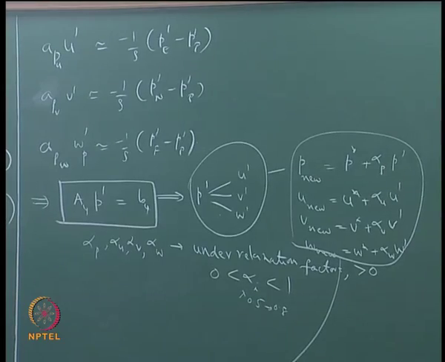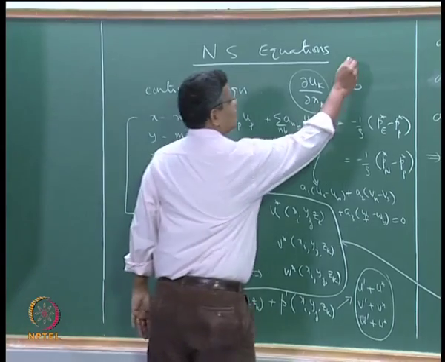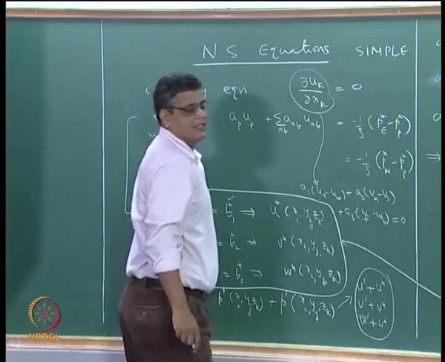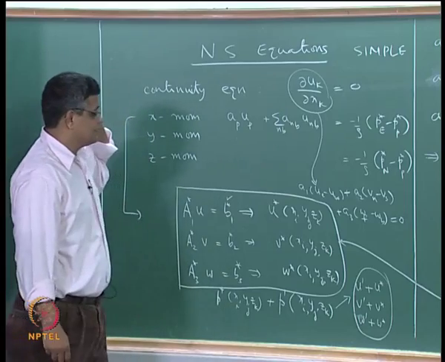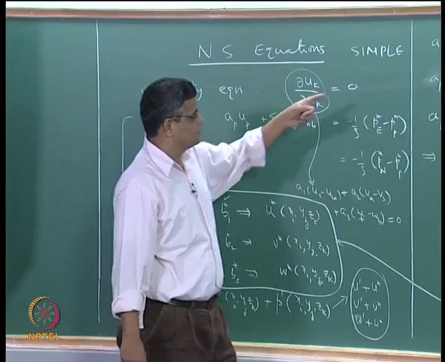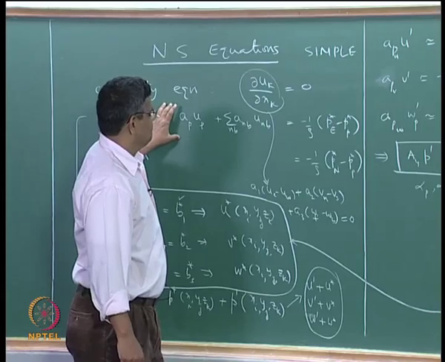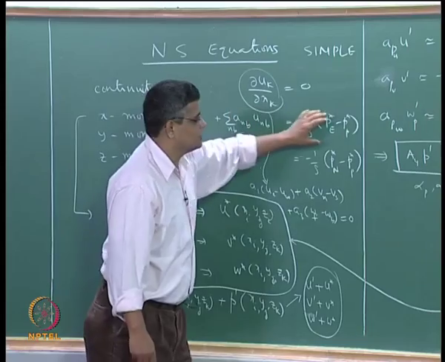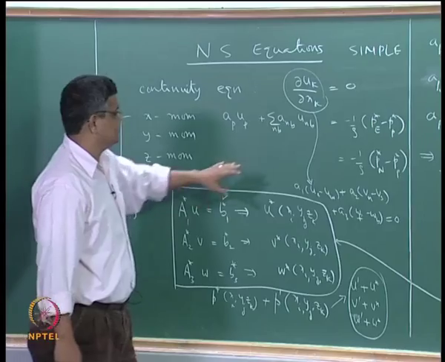Okay, and this is how we solve the Navier-Stokes equations using the method which is known as SIMPLE, semi-implicit method for pressure linked equations. And the semi-implicitness idea is coming from the fact that the velocity corrections for a pressure correction are obtained by neglecting, not by completely solving this, okay, but only by neglecting the contribution of this.